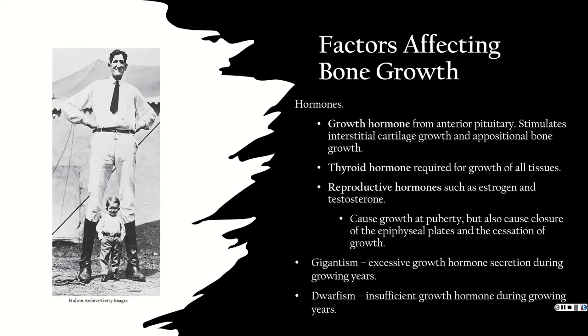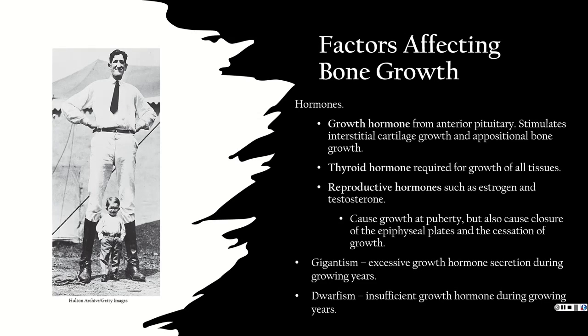Reproductive hormones like estrogen and testosterone also affect growth in the sense that they will close those epiphyseal plates, right? So you have this explosion of growth due to these growth hormones and sexual hormones like estrogen and testosterone, but at the same time they stop.